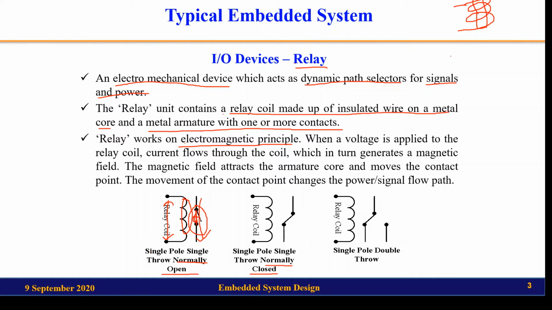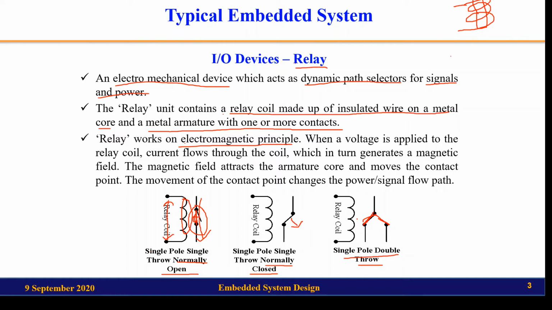And here it is single pole double throw. In this, when the relay coil is powered up, it may form contact with any one of the contact points. If it is normally connected to this contact point, whenever it is powered up, it may form contact to this other one.